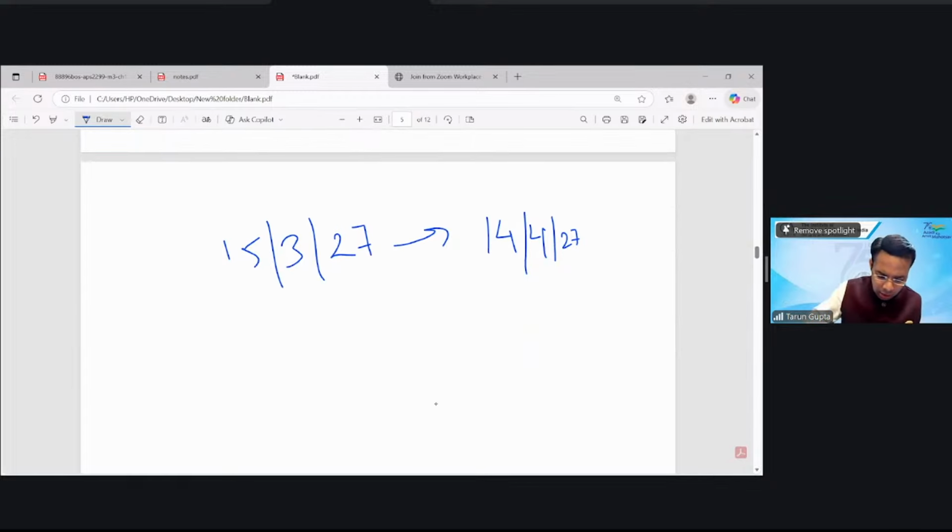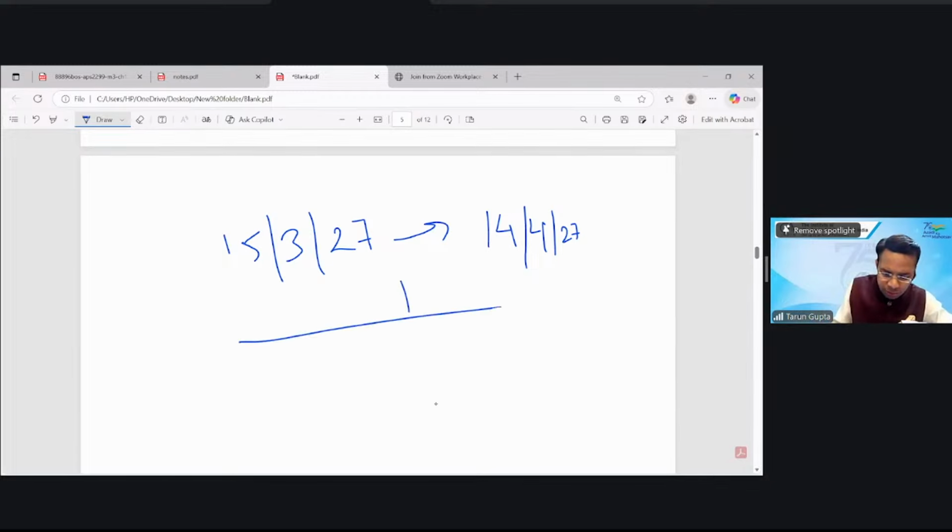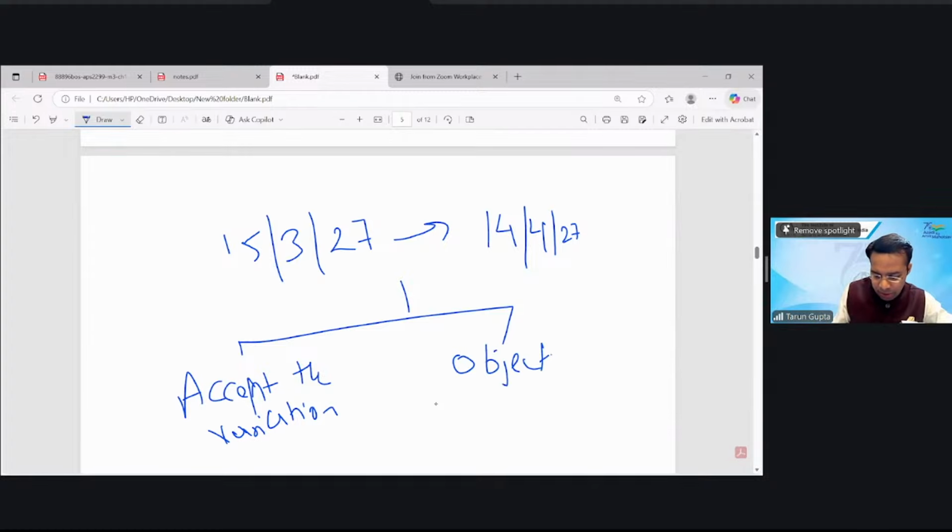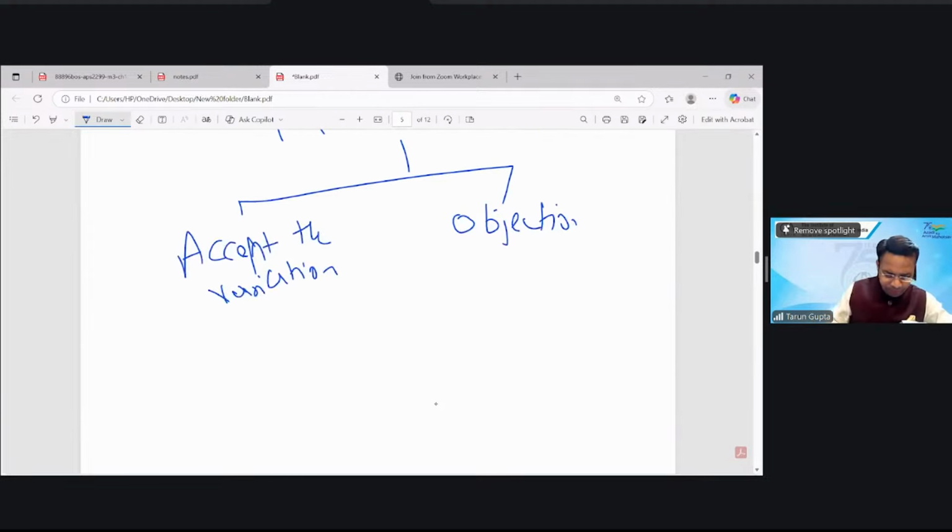Okay. So the assessee has two options. He will accept the variation, or he will file an objection before the DRP. Understood? If he files an objection before the DRP, then the AO need not do anything. He will wait for the DRP proceedings. Let the DRP decide whatever they want to say.